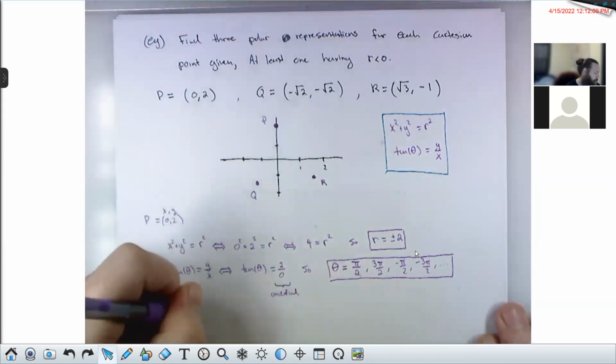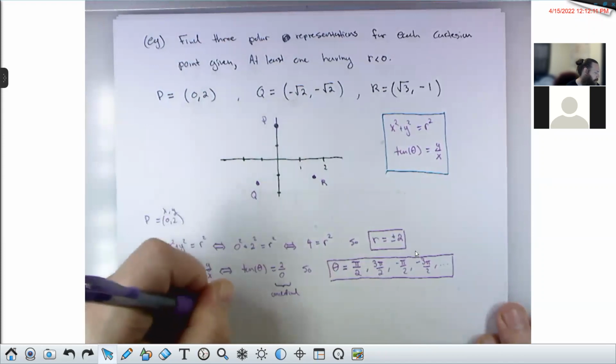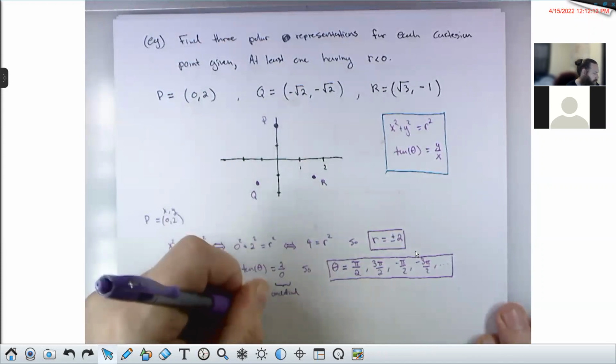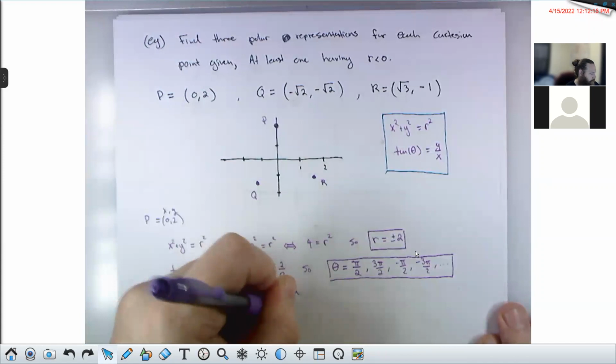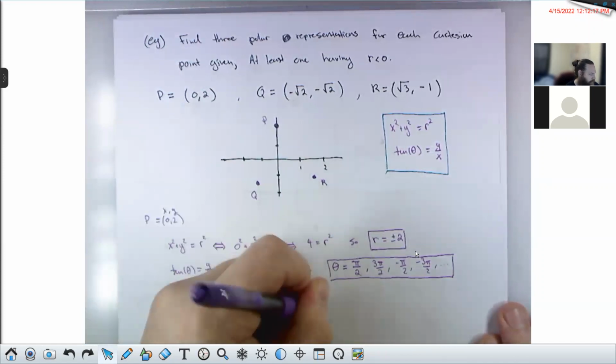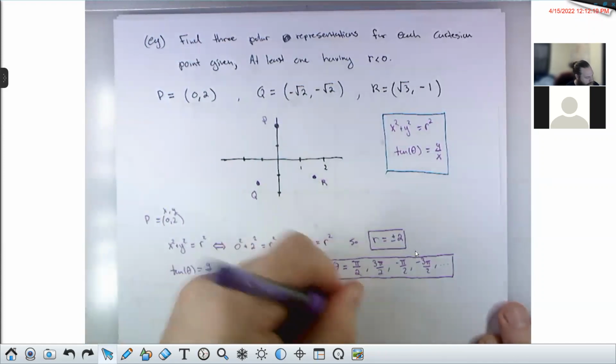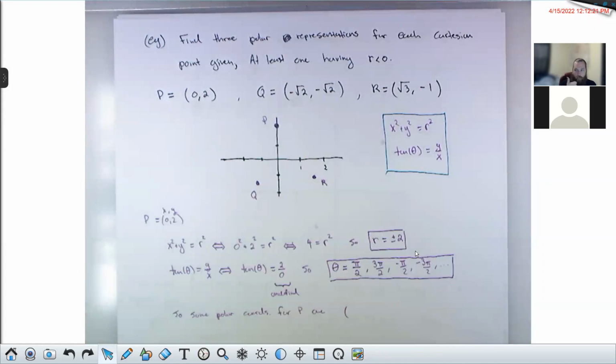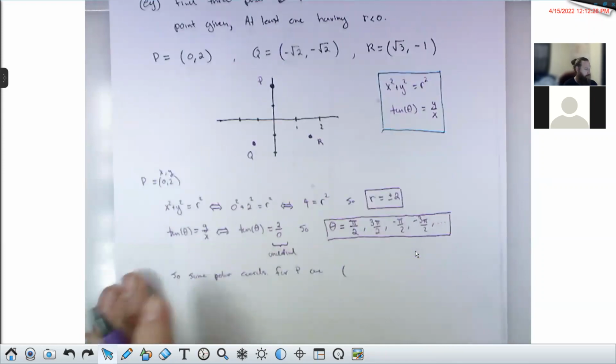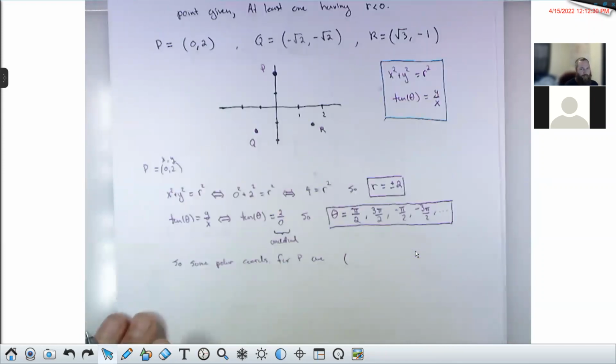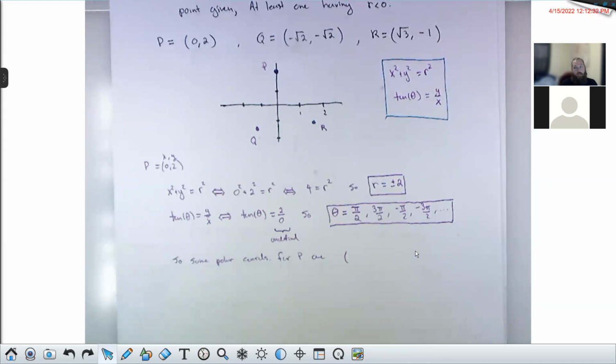So some polar coordinates for P are, let's start with the natural one, where r is positive and theta comes from the interval 0 to 2 pi. If we impose that restriction that we talked about, then what are the coordinates for P?